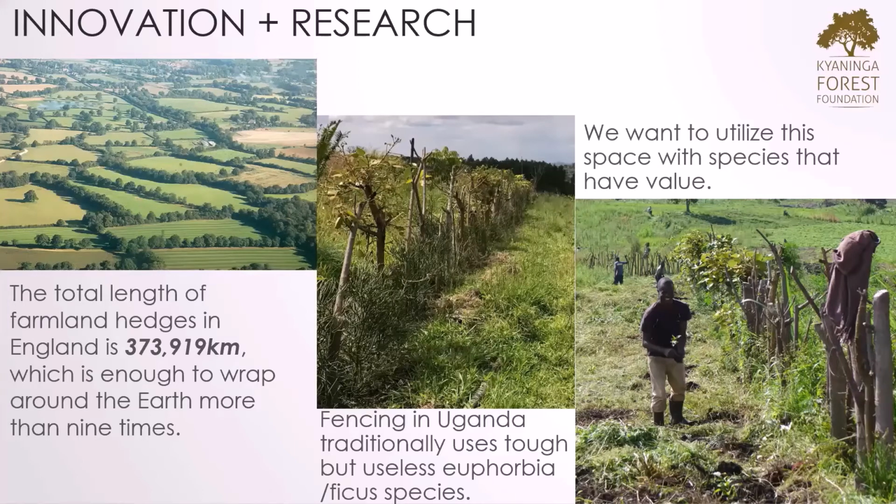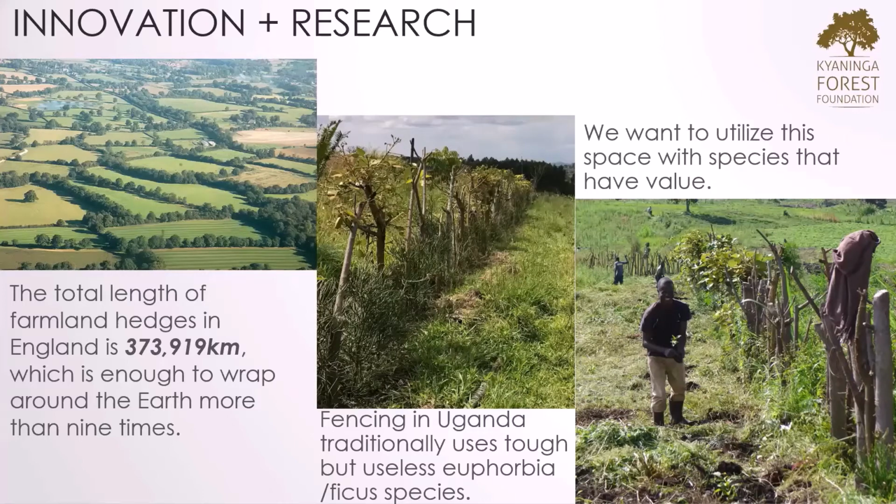In Uganda, however, probably because it wasn't needed up until now, most land boundaries are planted with euphorbia or fig species, simply because you can cut them, stick them in the ground, and they grow very easily. Unfortunately, both species provide very poor timber. They provide a lot of smoke, and so they're undesirable as a source of firewood.